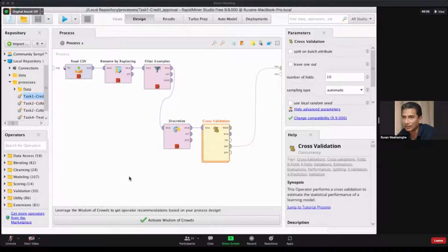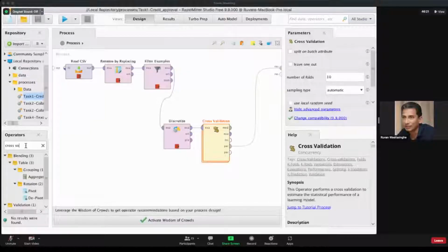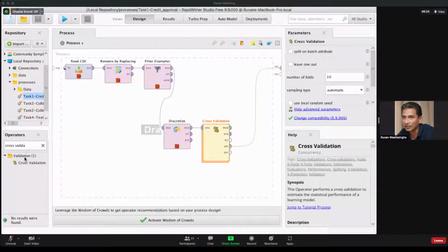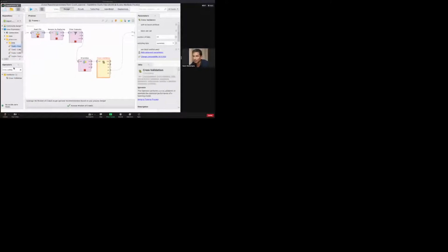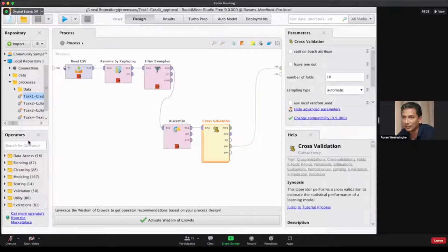Like, okay, cross-validation now. There is nothing called cross-validation now. So what's the equivalent thing that is there now? This search help is very important. Even if cross-validation is called something else, you still should be able to find it.